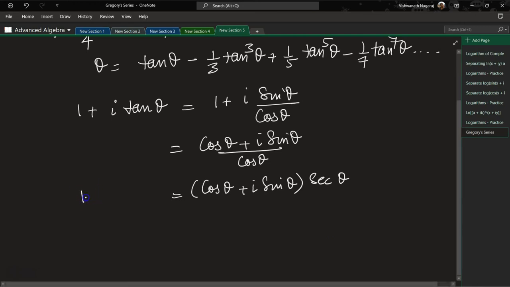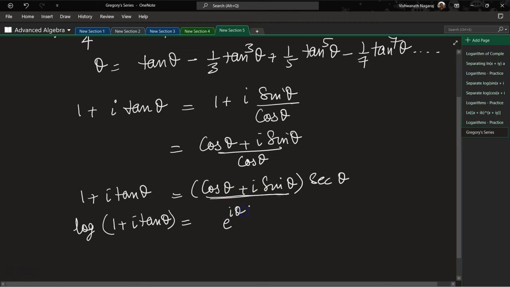Now remember, on the left hand side we have 1 plus i tan theta. So let's take the log of both the sides. So log of 1 plus i tan theta is equal to, now do you remember, this can also be written as e to the power of i theta times sec theta, and we are taking log e, and based on logarithm rules we can split it into log e of e to the power of i theta plus log e of sec theta.